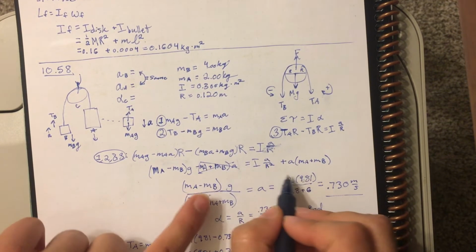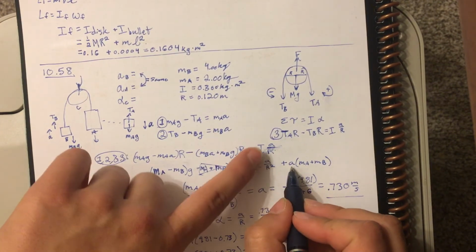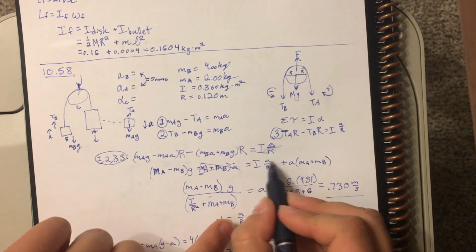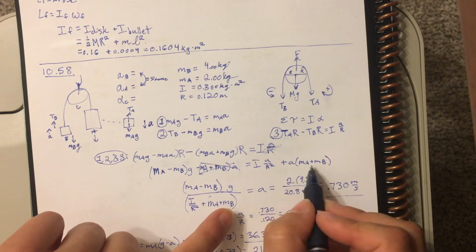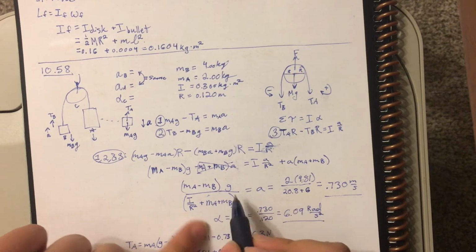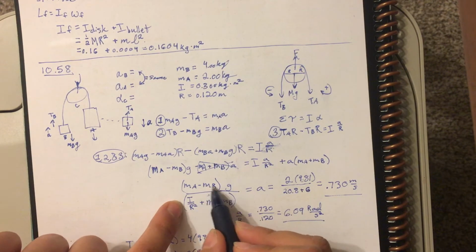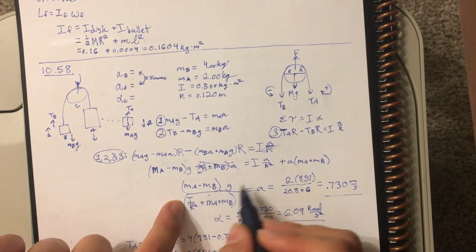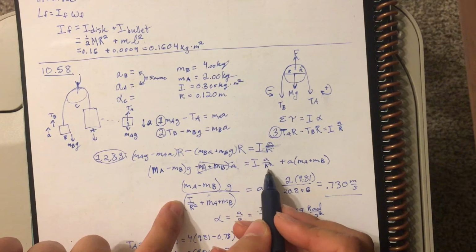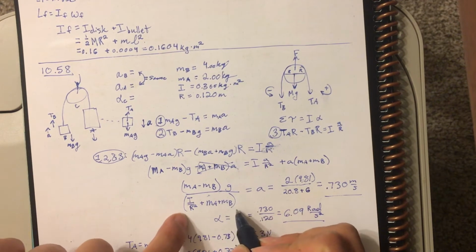So we see that. And then basically you divide this whole side by everything outside of A. So you take A out of these equations, right? And so then you've got A on this side, and then on this side, mass of A minus mass of B times G all over I divided by R squared plus MA plus MB on the bottom.